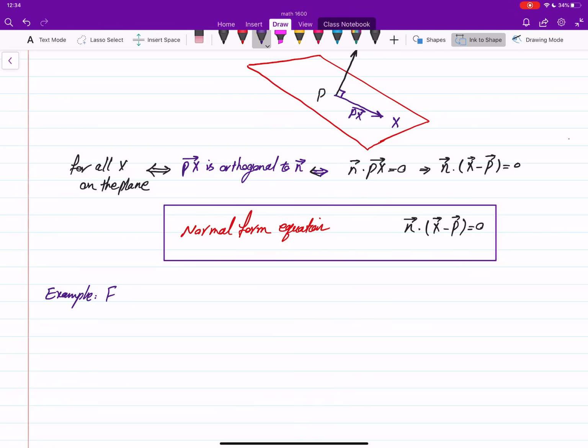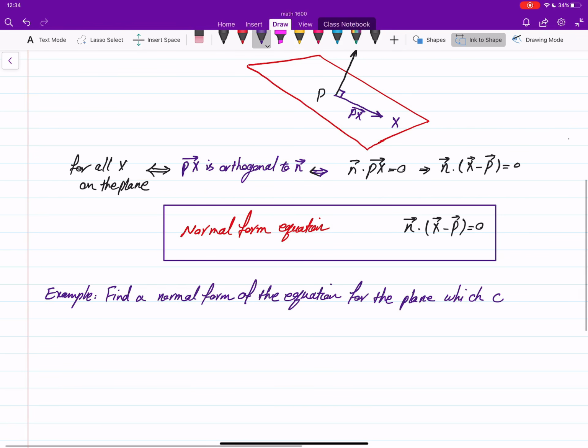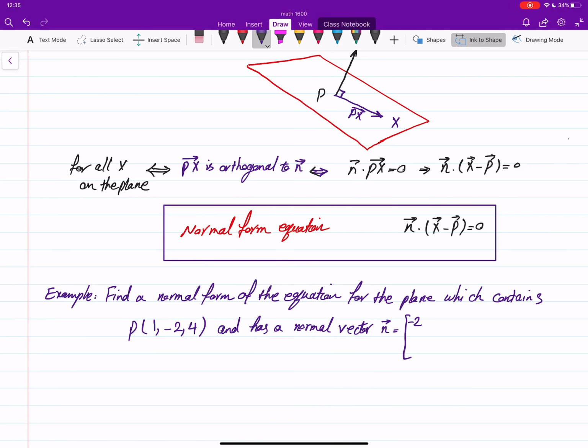Find the normal form of the equation for the plane which contains the point 1, negative 2, 4, and has a normal vector n, which is negative 2, 1, and 3.